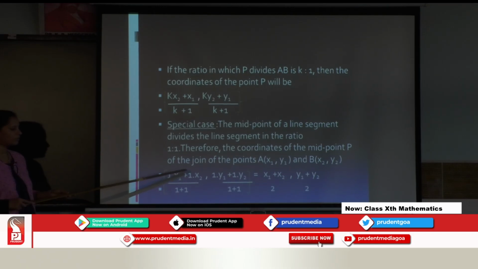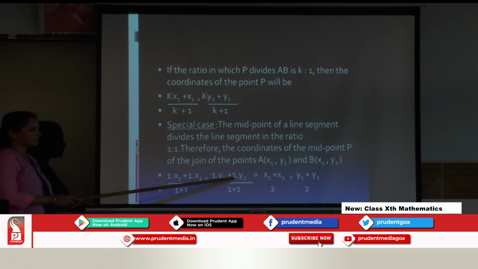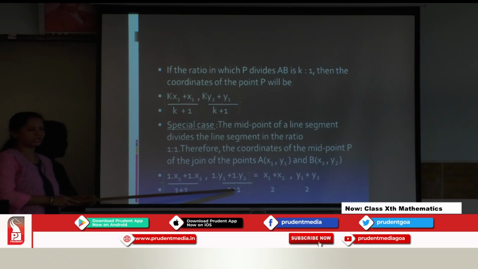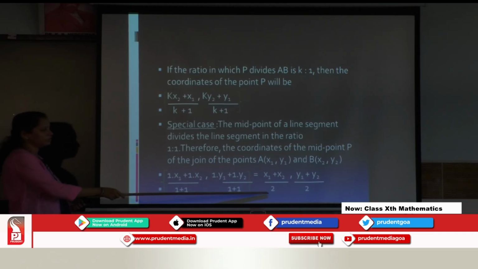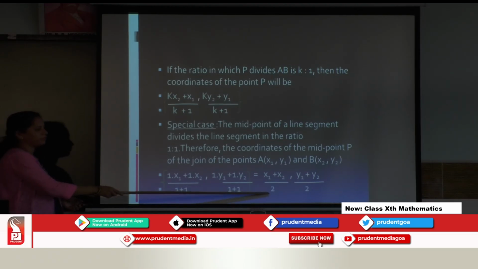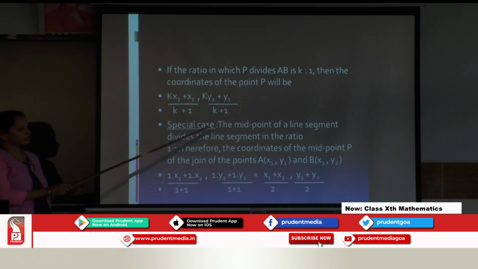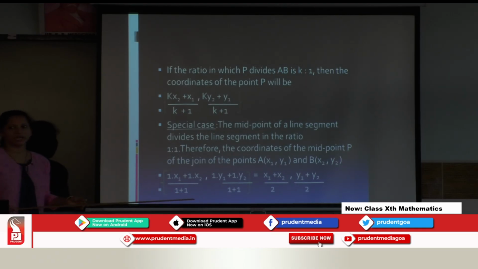So 1 into X1 plus 1 into X2 upon 1 plus 1 comma 1 into Y1 plus 1 into Y2 upon 1 plus 1, which is equal to X1 plus X2 upon 2 and Y1 plus Y2 upon 2. This formula we can use for the midpoint of the line segment when the ratio is 1 is to 1.